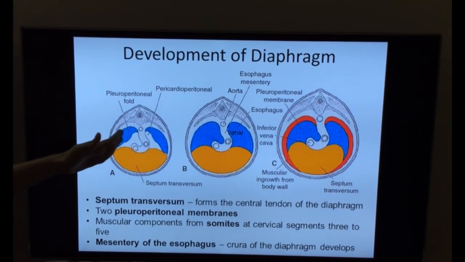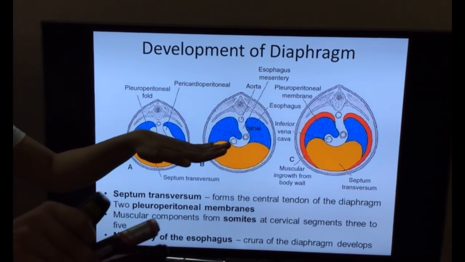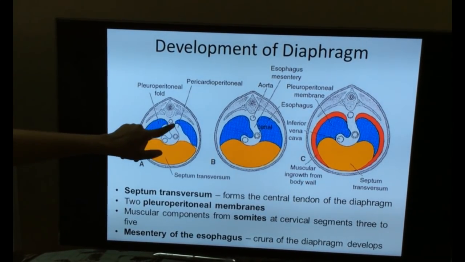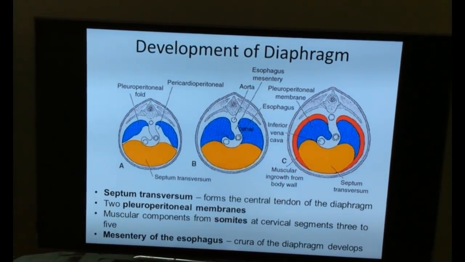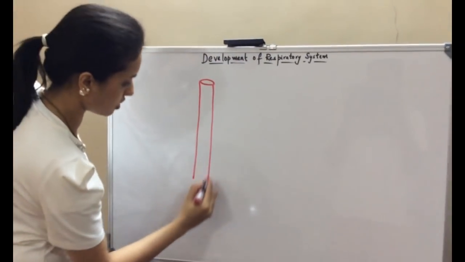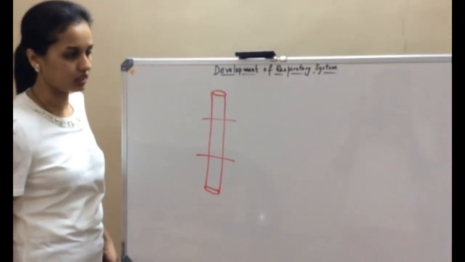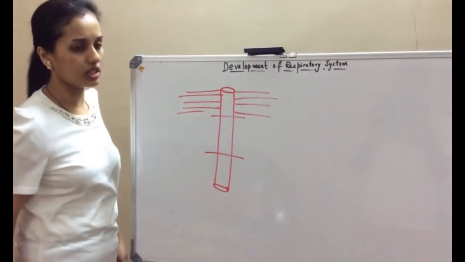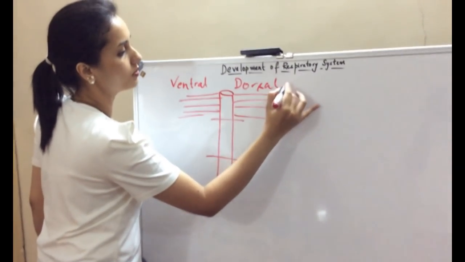They start appearing on either side of the foregut, then move towards each other, and then come in contact with the dorsal mesentery which is holding the esophagus. Imagine this is the endoderm tube, which is divided into foregut, midgut and hindgut. The foregut part is connected ventrally and dorsally by two mesenteries, called the ventral and dorsal mesentery.